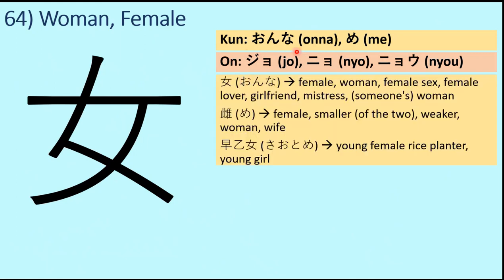For male it was otoko, and in On'yomi it was dan. Now the meaning of onna is female, woman, female sex, female lover, girlfriend, mistress, someone's woman. We have me as female, smaller of the two, weaker, woman or wife. We have Saotome. Saotome means a young female rice planter or a young girl.